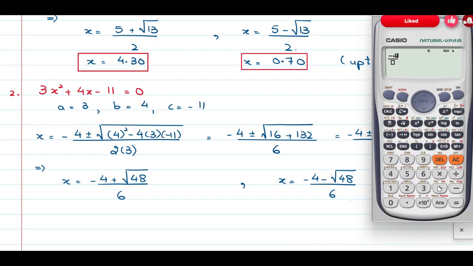Minus 4 plus root 148 divided by 6. This is 0.48. So this 8 is more than 5, so add 1 to the other 8. So 0.49.